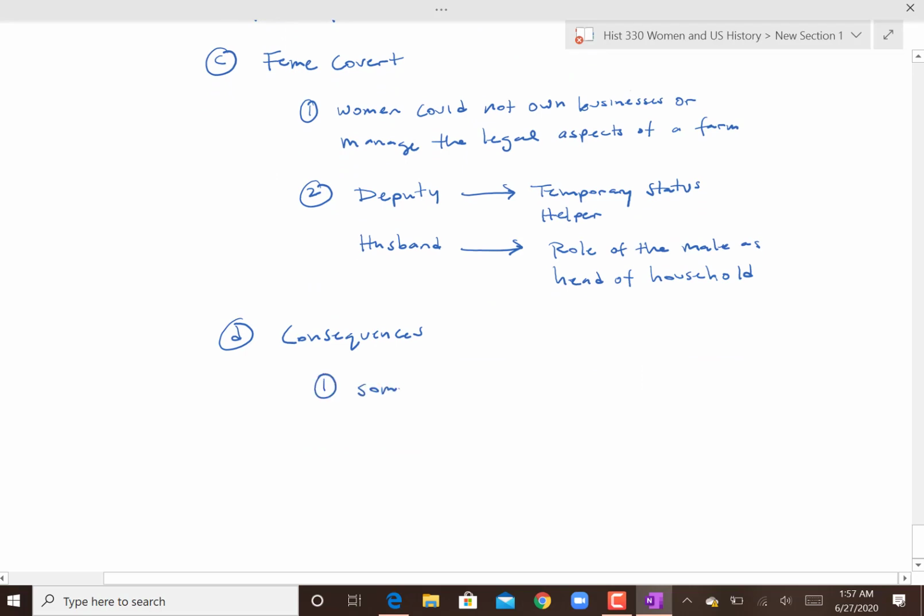Some women did very well and thrived. Other women did not. And that's not surprising. There were a lot of difficult circumstances. One of the things was that people did try to take advantage of women.